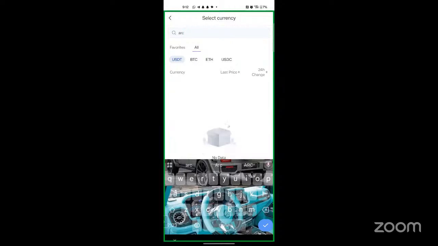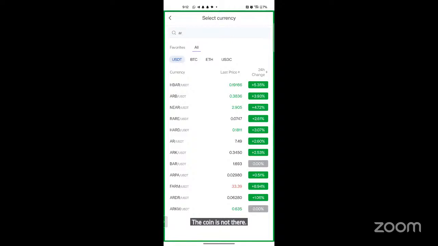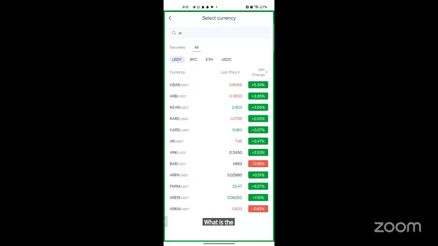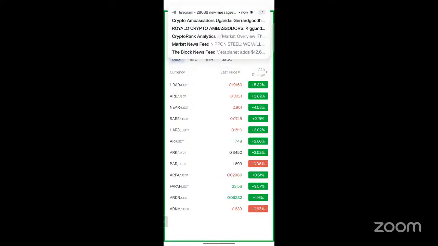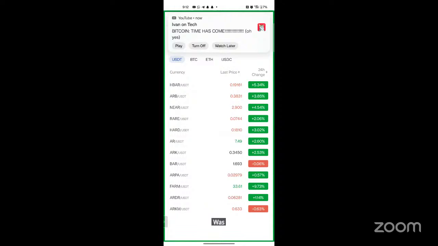The coin is not there. What is the name of this coin? It's not a trade. Was the name of the coin called ARC or Arch?